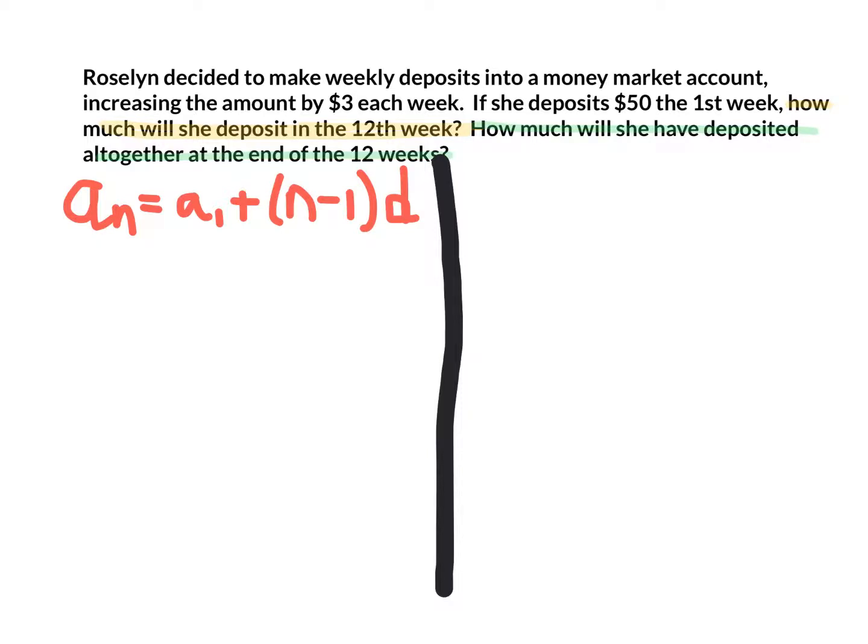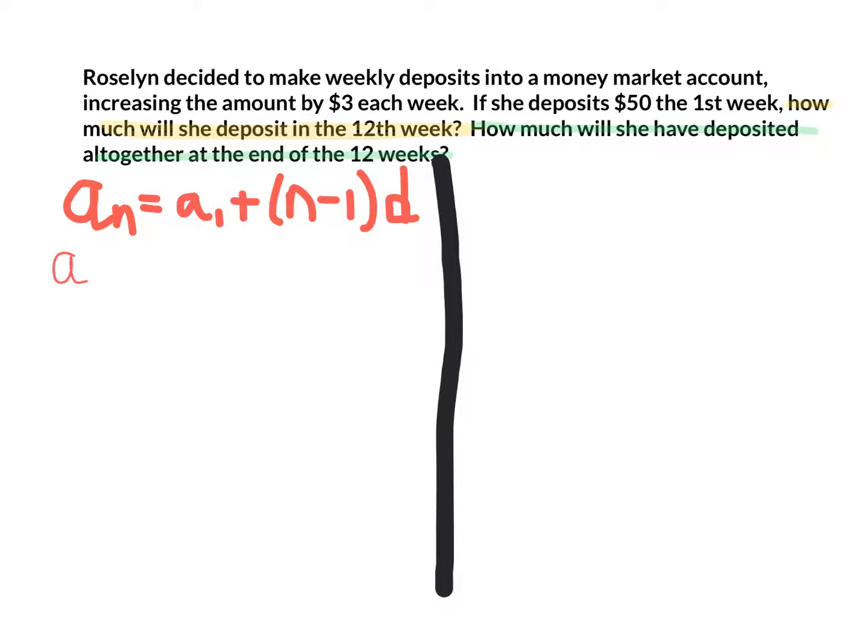That's what we're going to be looking for here. a of 1 is the first term of the sequence. The n is the number of pieces in the sequence. In this case, we're going 12 weeks, so our n will be 12. And d is our distance, what we're adding to this every time we go up the sequence, in this case 3.